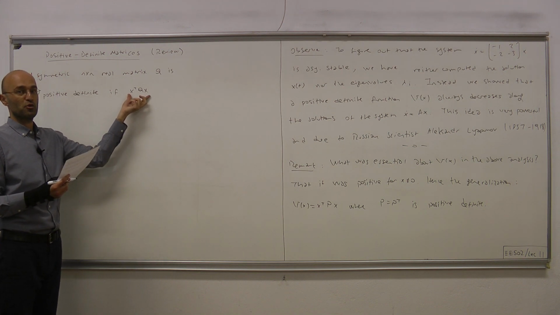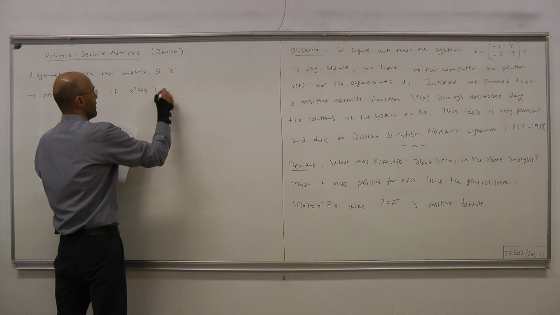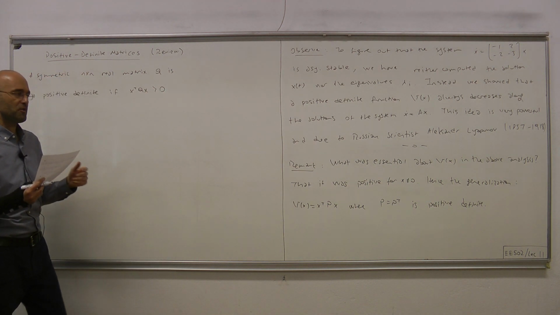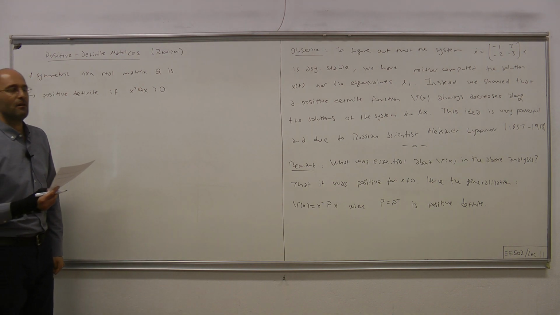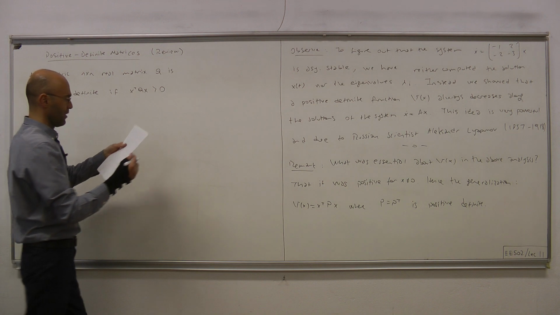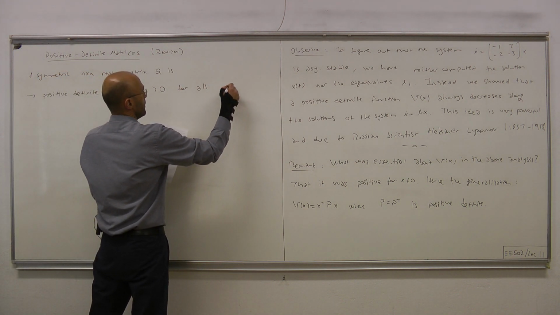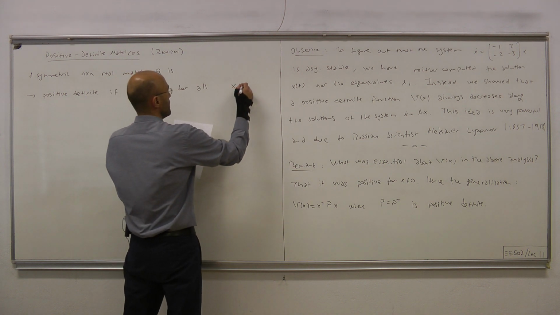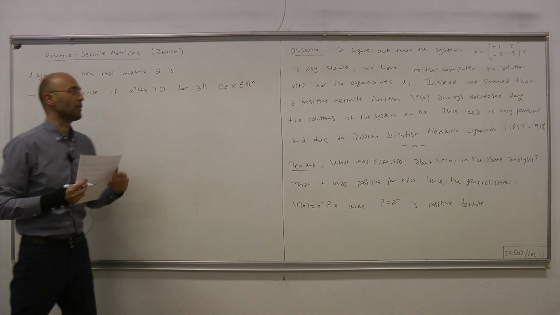In other words, if this object, x transpose Q x, which is a scalar, is always positive unless x is 0, so for all x in R^n and x non-zero.